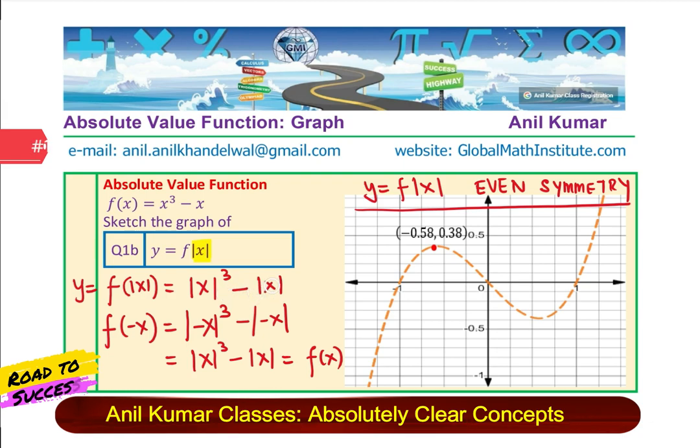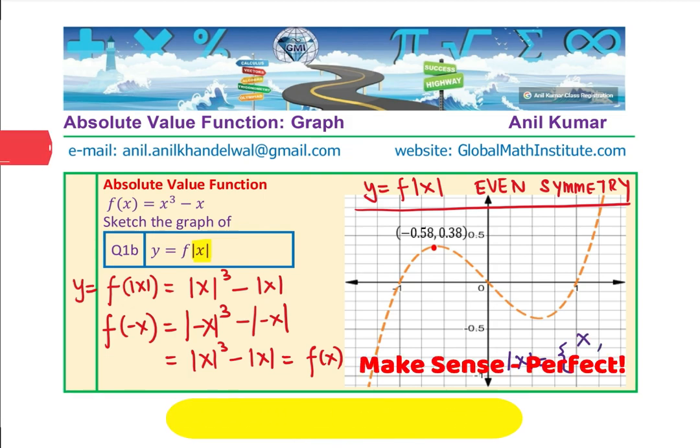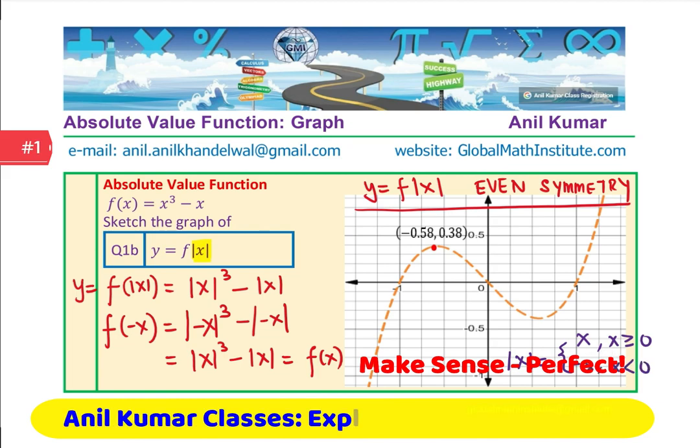Well, absolute value of x is equal to the value of x itself when x is greater than or equal to 0. Perfect. But it is negative of x when x is less than 0. So it does not really change on the right side. Do you see that?